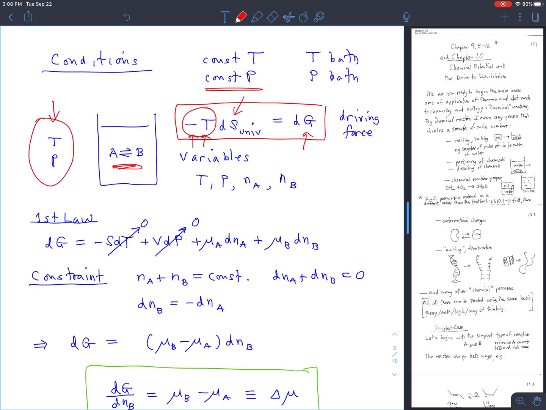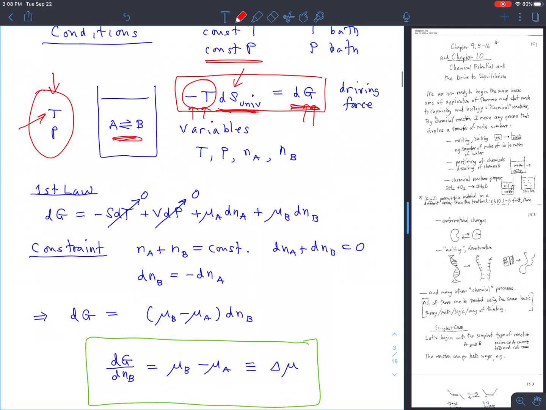And since this temperature is a constant because we've got a bath here, the minus T doesn't really change anything. The change in the entropy of the universe is still proportional to the free energy change. And therefore, we're going to be interested in looking at the free energy change.